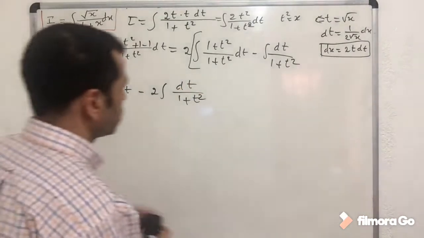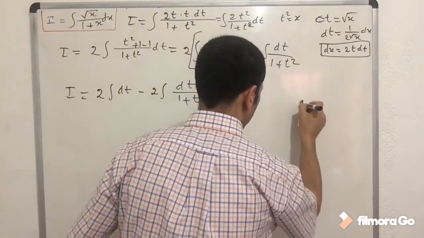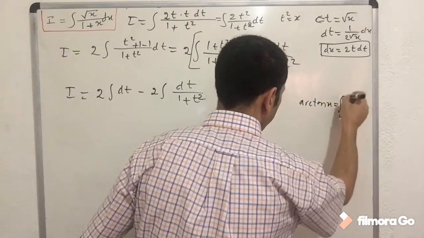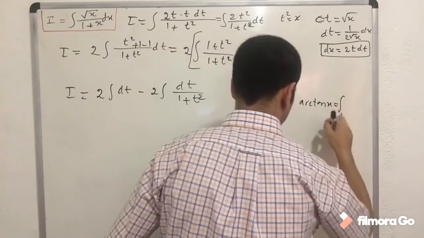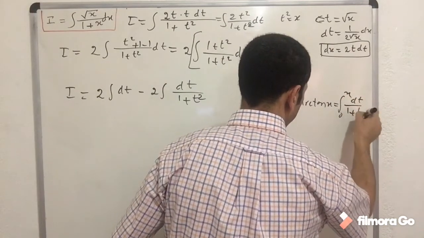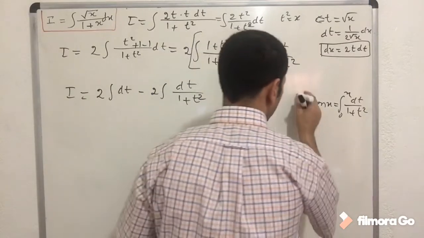Okay, this is arctangent. Arctangent of x equals the integral from 0 to x of dt over 1 plus t squared. This is your arctangent.